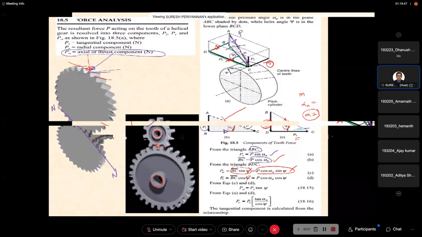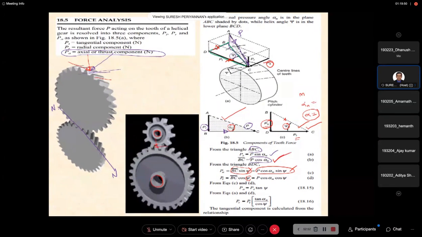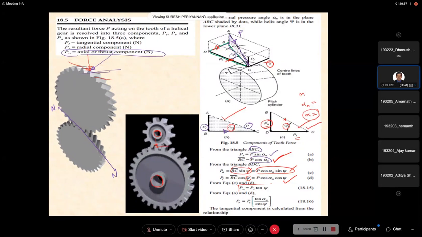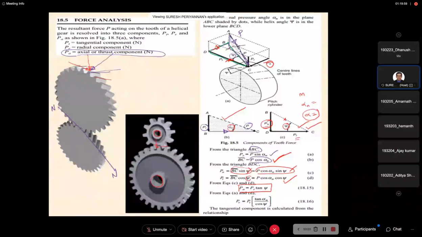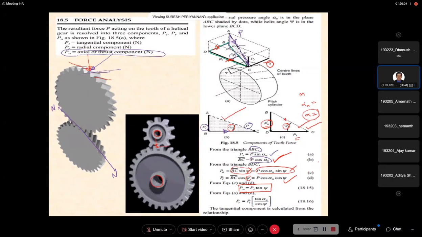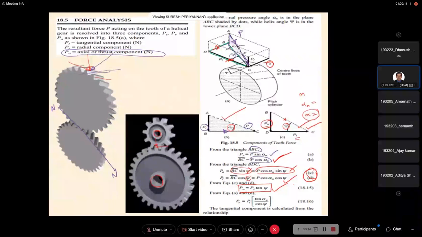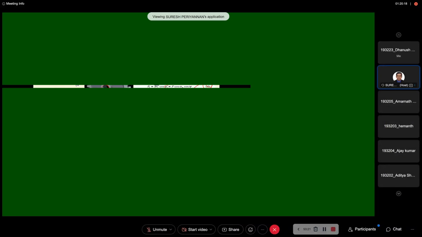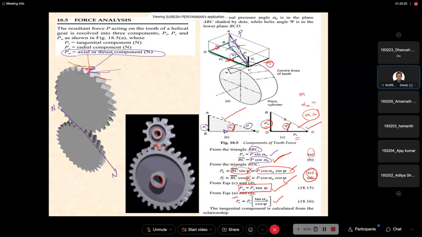We have already discussed BC is equal to P into cos alpha n. Substitute here. Finally, we find that the axial or thrust component PA is equal to PT into tan psi. Simplify these two relations C and D, and finally you get this. Similarly, simplify equations A and D, then you get PR in terms of PT.